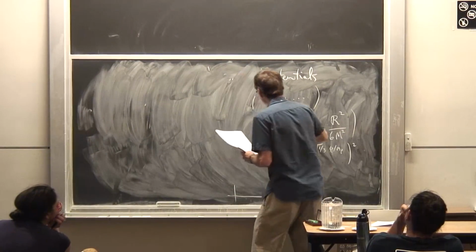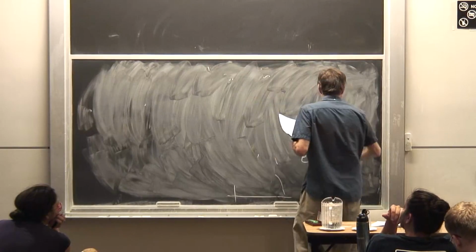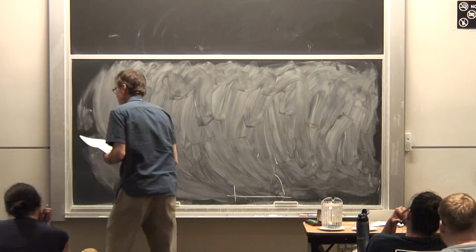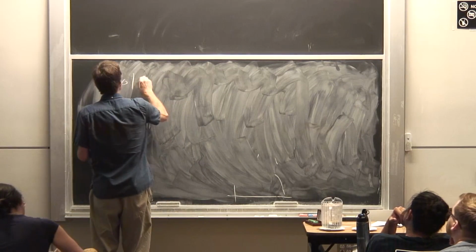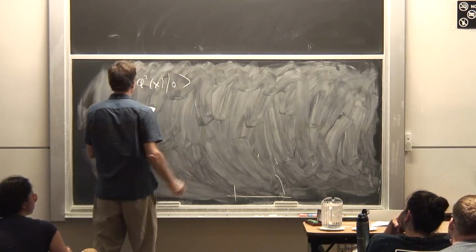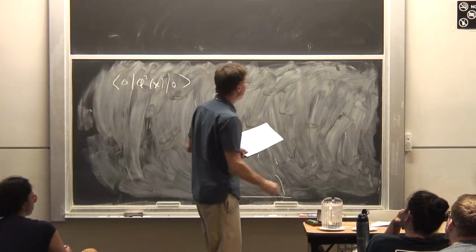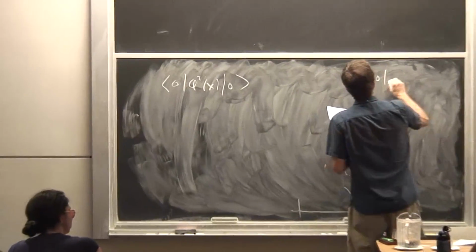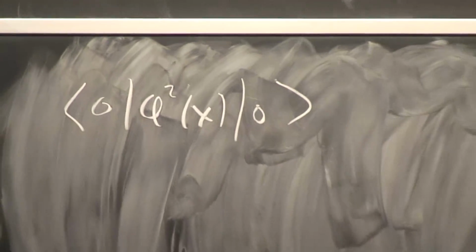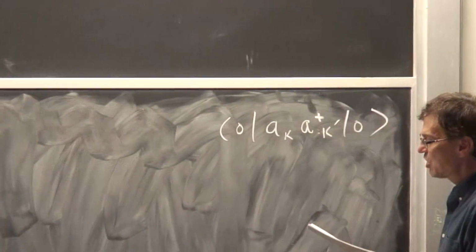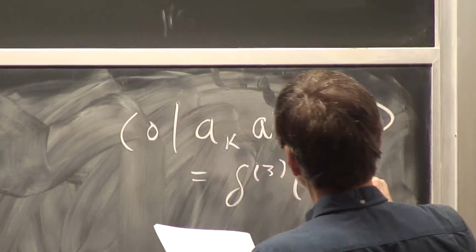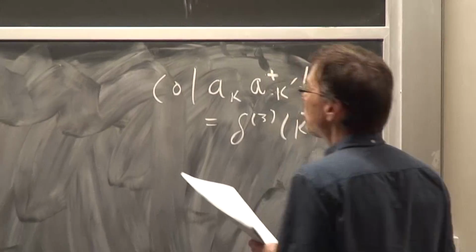So now we're interested in the fluctuations of this field. The mean squared fluctuations of the field at a given point, and we can use the usual fact that the vacuum expectation of a a-dagger is a three-dimensional delta function of k minus k prime.